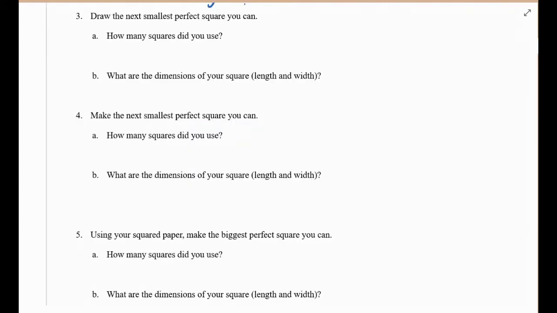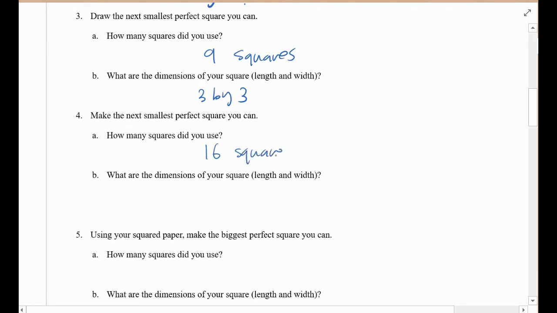So write it down. How many squares did you use? 9 squares. And what are the dimensions? 3 by 3. And make the next one. That is 16 squares, and that is 4 by 4.